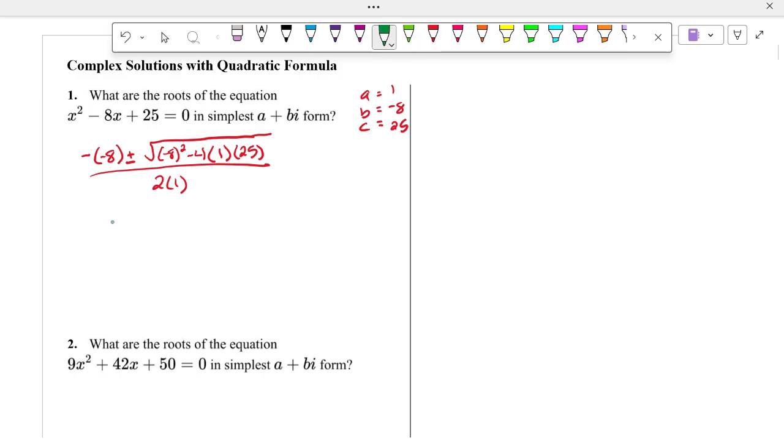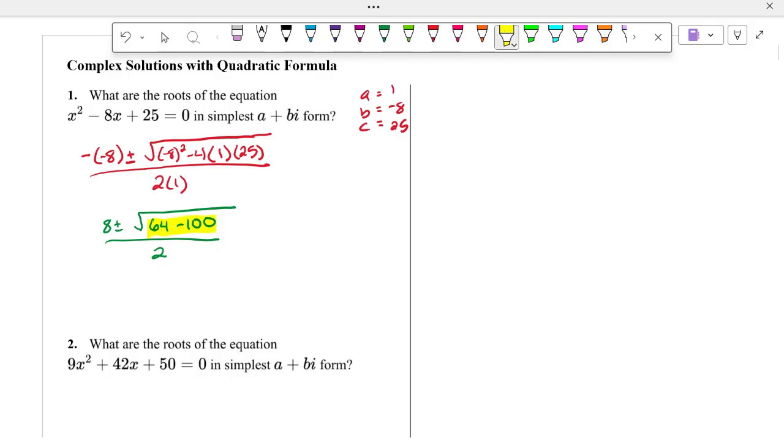So do some simplifying. I get 8 plus or minus the square root. -8 squared is what? 64. -4 times 1 is -4 times 25 is -100. All over 2.